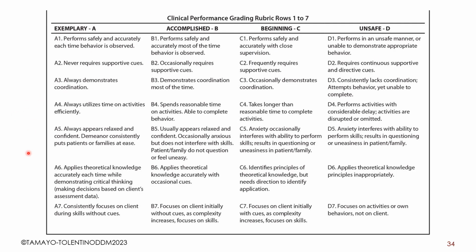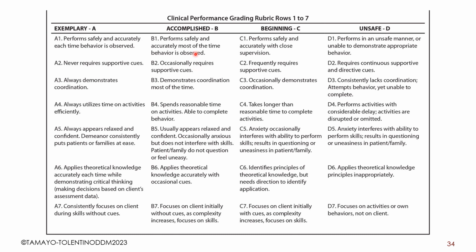Compared to a holistic grading rubric, where there is only an overall impression of the performance or product. So, for example, for exemplary, it lists down the standards. Ito yung mga standards para masabi na exemplary yung performance.